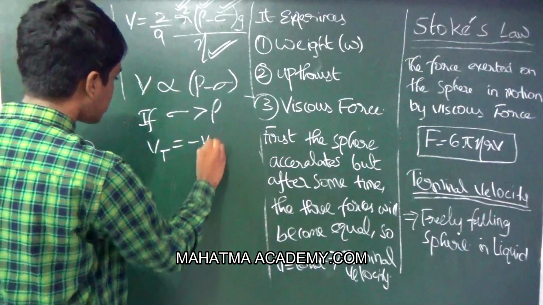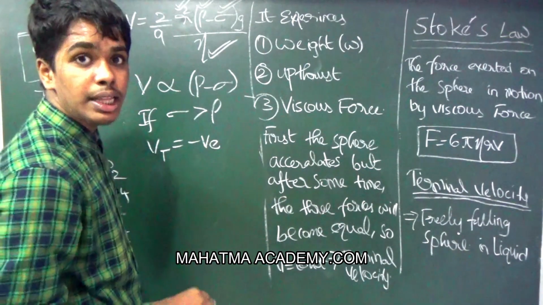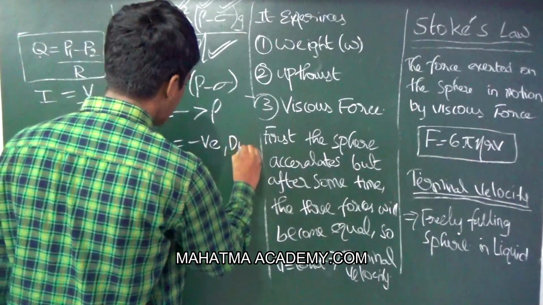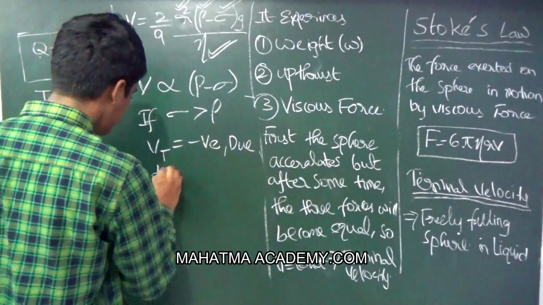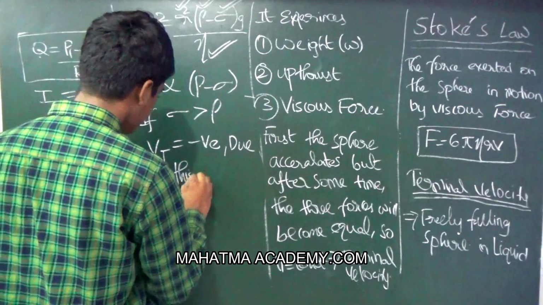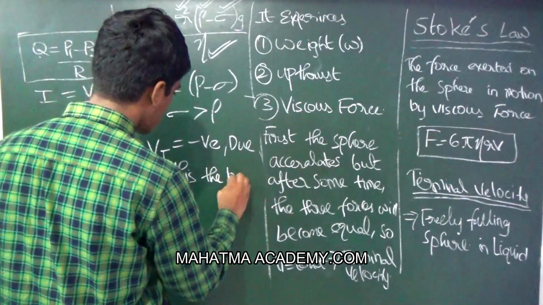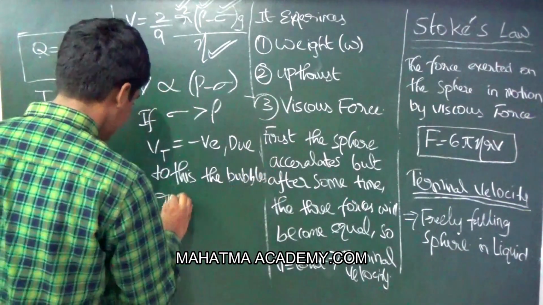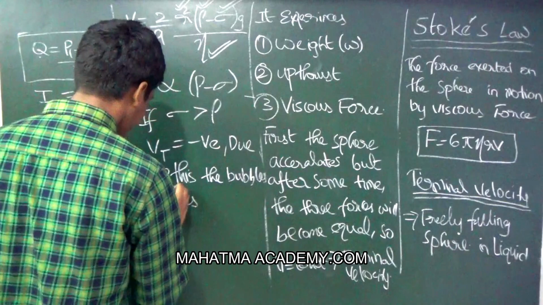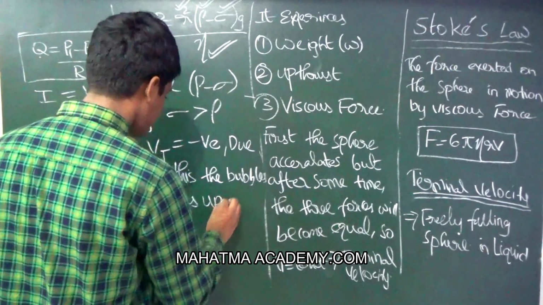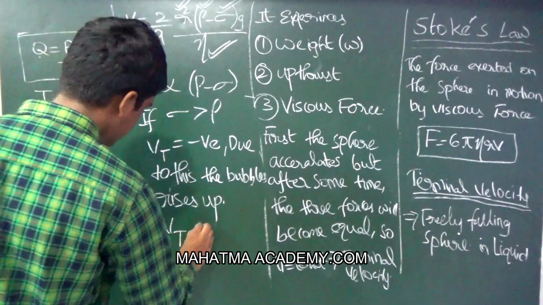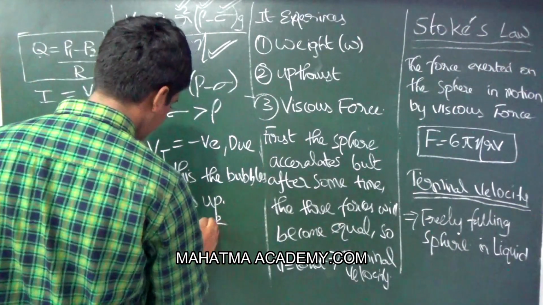Due to this, the bubbles will go up, the bubble rises up, and here Vt is proportional to r square.